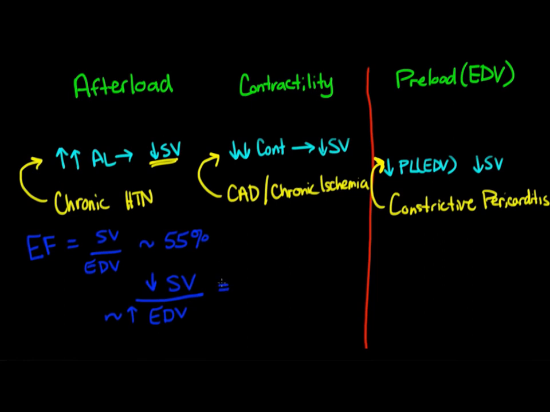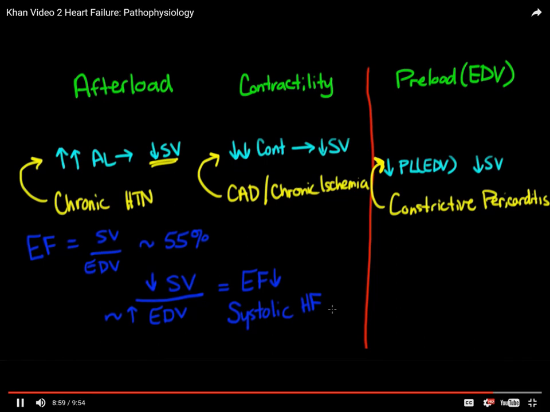But the point is that because stroke volume is going down and end diastolic volume is going up, ejection fraction is reduced. And another name for reduced ejection fraction heart failure is systolic heart failure. And both a decrease in contractility and or an increase in afterload can cause systolic heart failure.